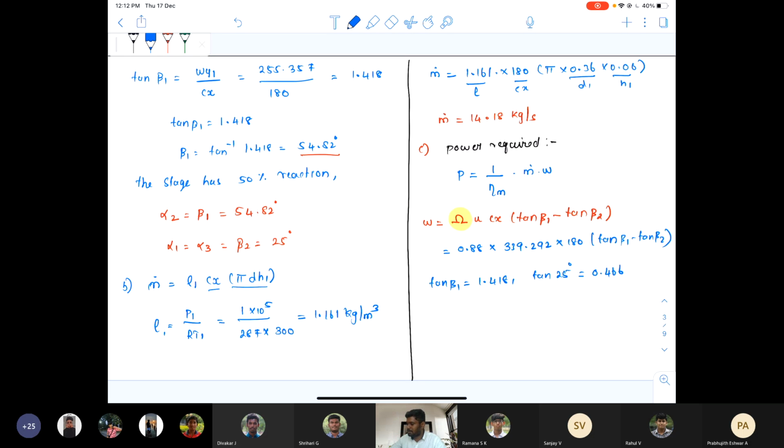Therefore, by substituting these values in the above equation, you will be getting 0.88 into 339.292 into 180 into 1.418 minus 0.466. Now we have substituted all these values.